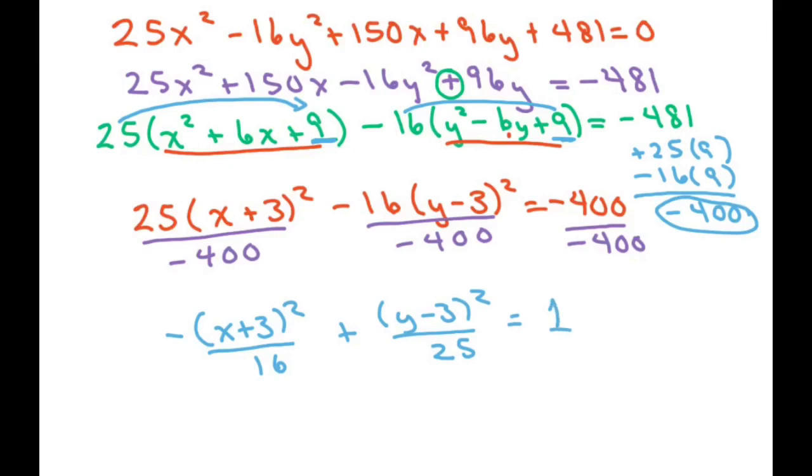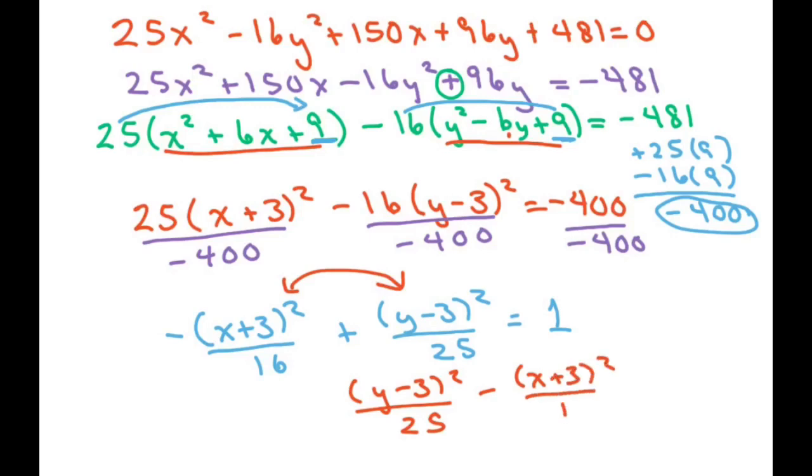So this is not the standard form, so I'm going to just switch these two. So basically we have y minus 3 squared over 25 minus x plus 3 squared over 16 equals 1.